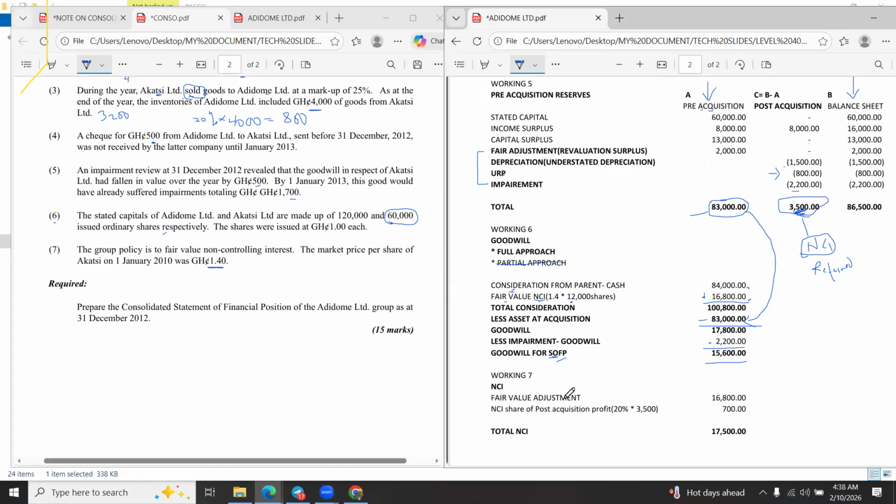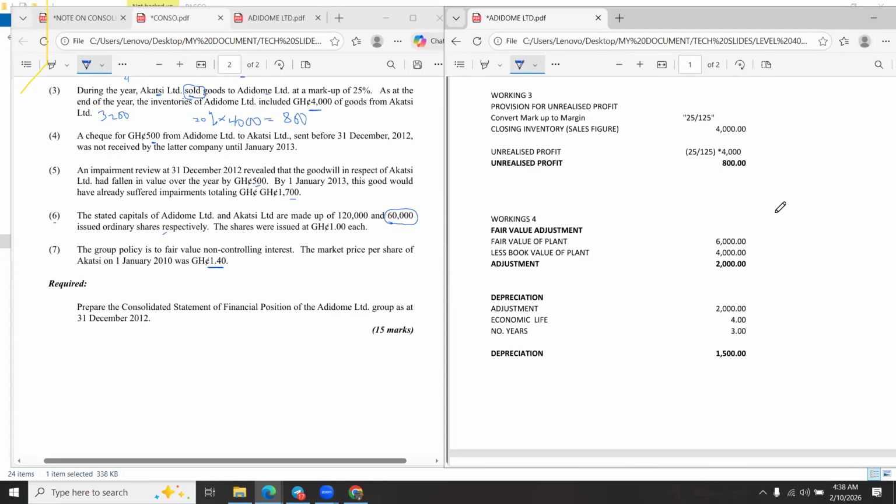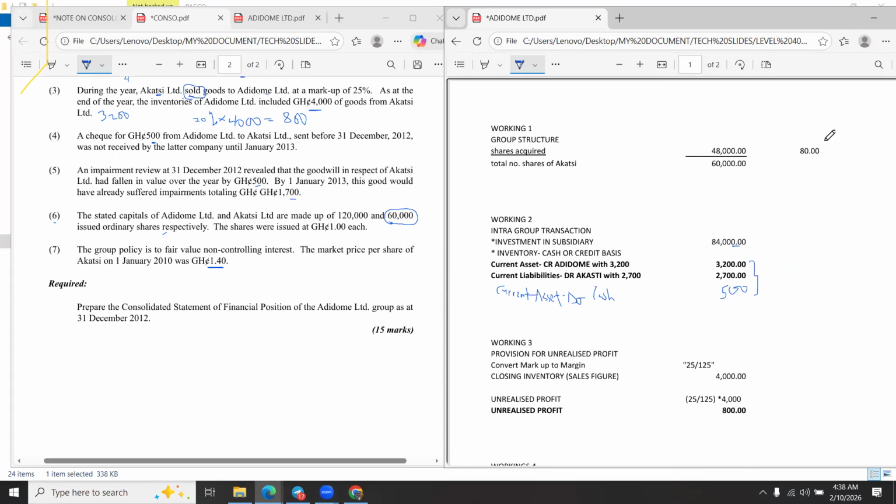So you see, their fair value amount is 1,680. That is the number of shares they had times their market value. That gives us this figure. Then we find the percentage of the NCI. If the parent had 80% control, then it means that the NCI had 20% control.